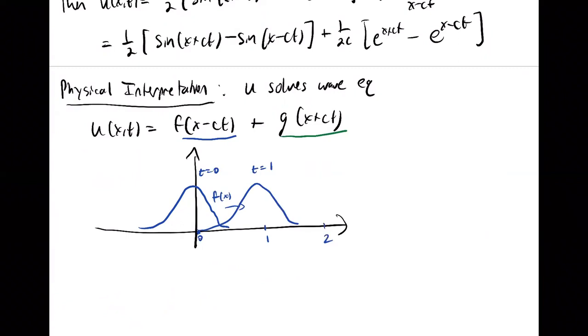And so maybe when t is equal to 2, it's going to again shift, and you get something like this, right? So I have something that looks like viewing the graph of the function as kind of like a wave. It's moving to the right at speed c, right? So f moves to the right at speed c. And then the other term will also look something like this, but instead of moving to the right, it's going to move to the left.